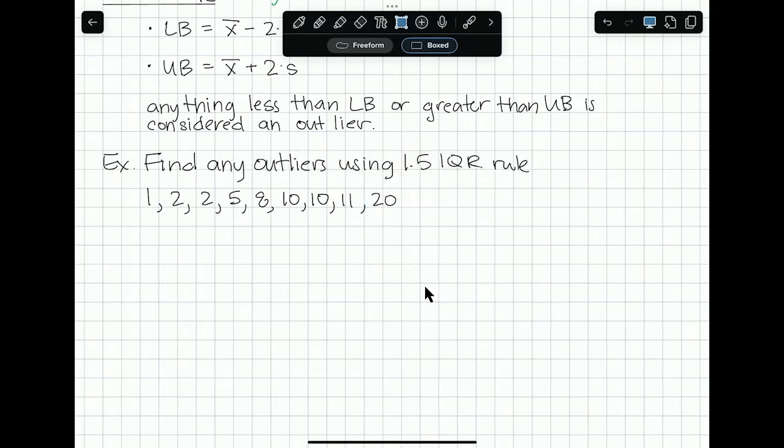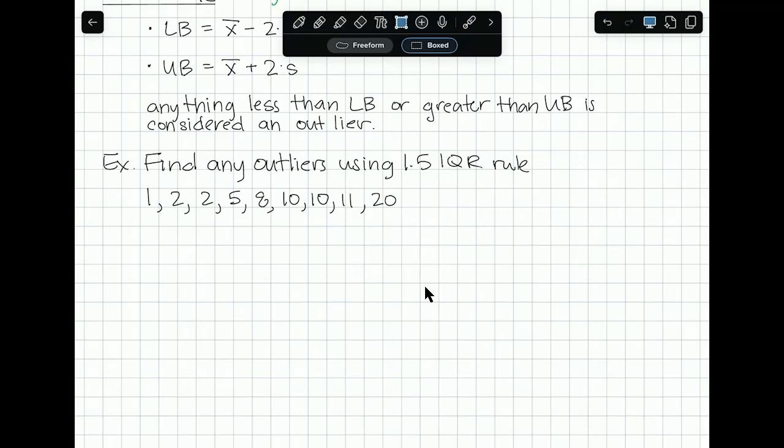So slightly different data set than before. 1, 2, 2, 5, 8, 10, 10, 11, 20. And we want to figure out whether we have any outliers using the 1.5 IQR rule.